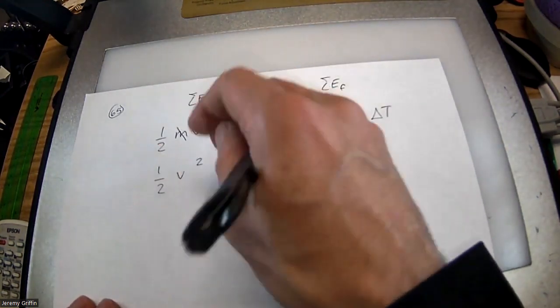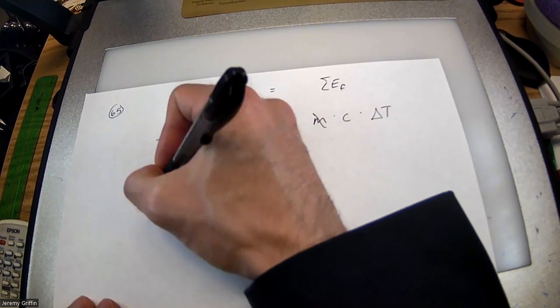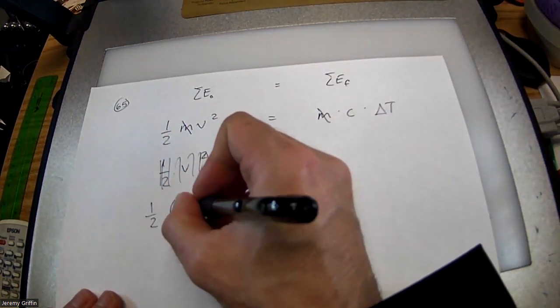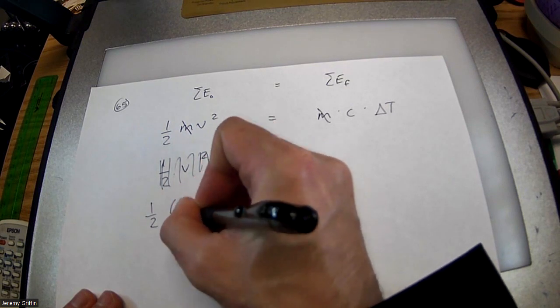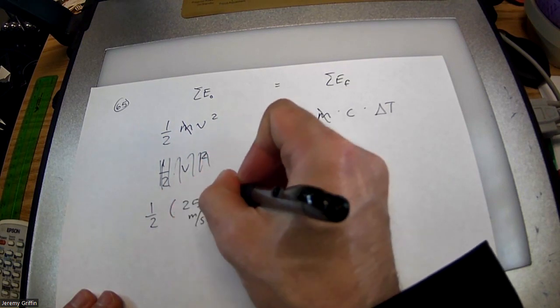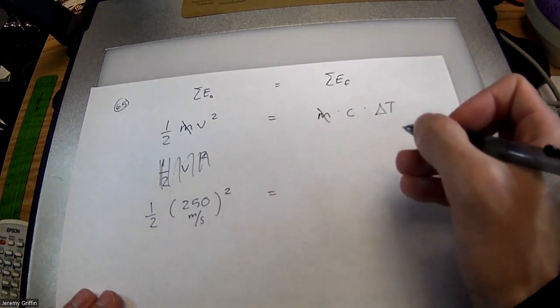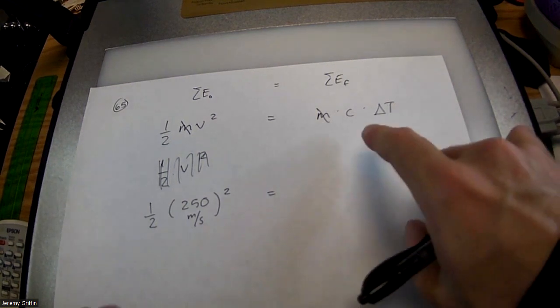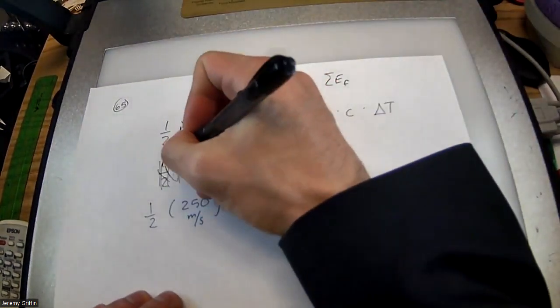Whoops, what am I doing? I meant to just go ahead and start plugging in numbers. So 1/2 times the speed of my bullet, which was 250 meters per second. Don't forget to square that. Is equal to... Now here's where we're going to make this change.